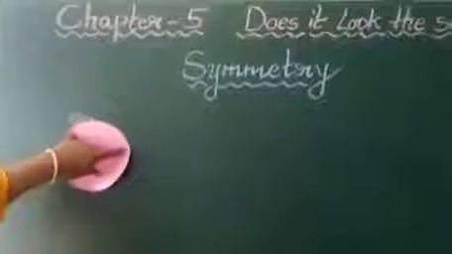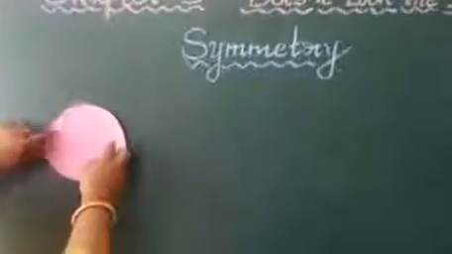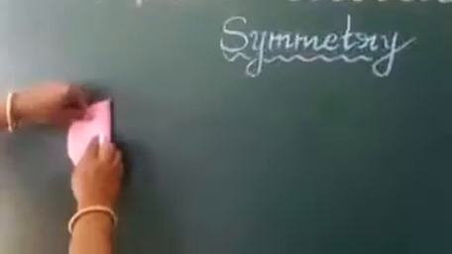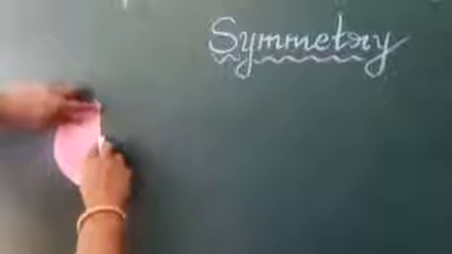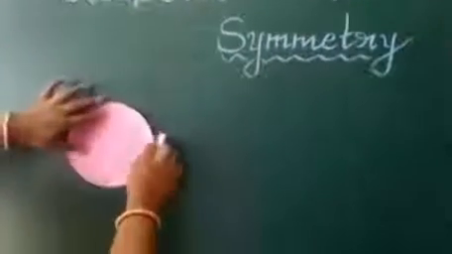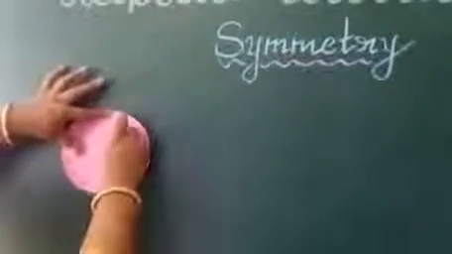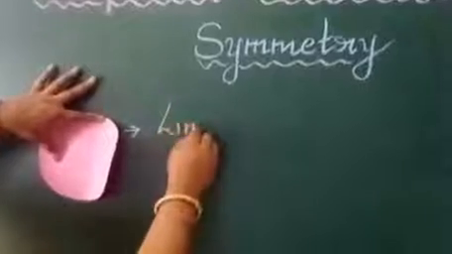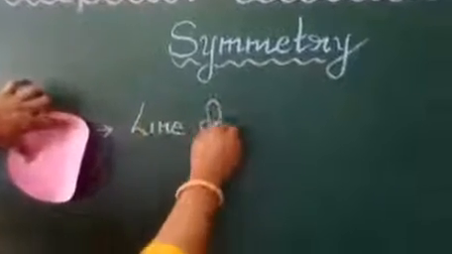Now children, you can see here a shape, it's a circle. When you fold it in half, you will get a line like this. When you open it, you can see here one line. So this line is called line of symmetry.